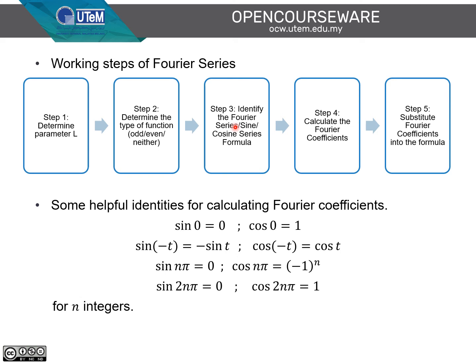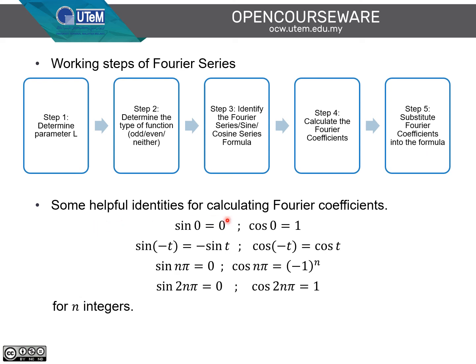If the function is an odd function, we use the Fourier sine series. If the function is an even function, then use the Fourier cosine series. Step 4. Calculate the Fourier coefficients a0, an, and bn. And the last step is to substitute the Fourier coefficients into the formula of Fourier series.